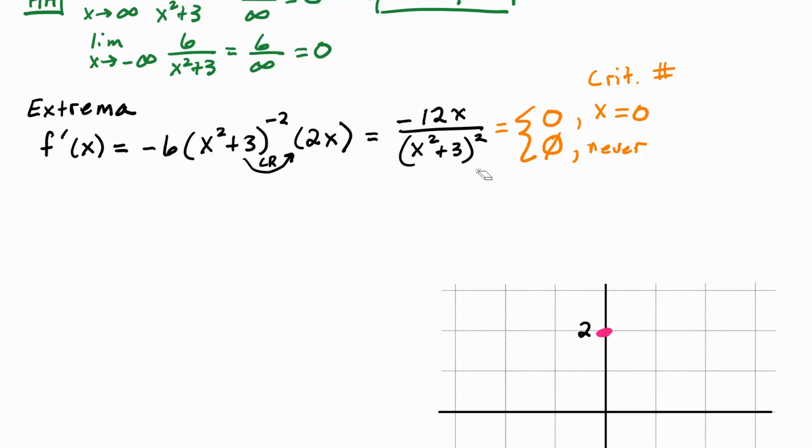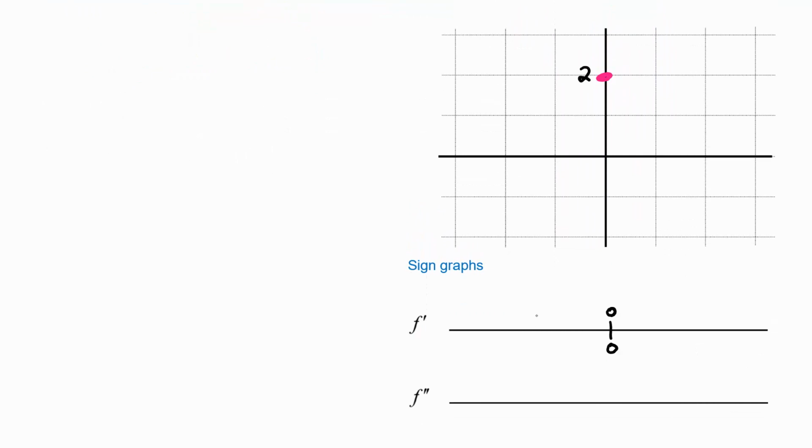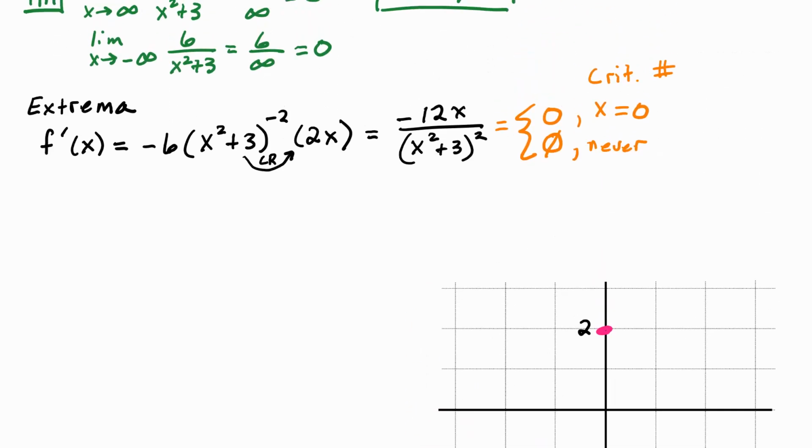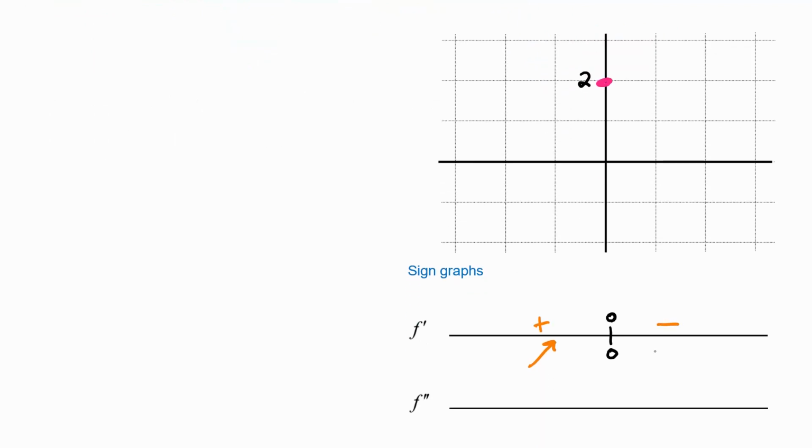The denominator is always positive, so we don't need to plug in. So that means putting a negative 1 in makes the derivative positive, which means f is increasing. Over here, a test point would be positive 1. If we plug positive 1 into the derivative it will be negative, which means f is decreasing.